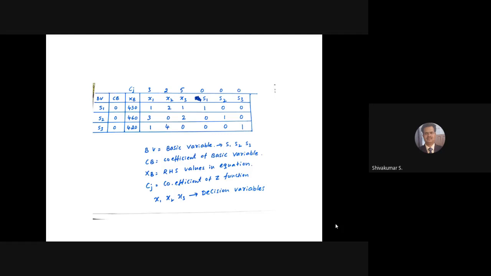Also write Cj above that, that is the coefficient of the cost function, nothing but that function: 3x1 plus 2x2 plus 5x3 plus 0s1 plus 0s2 plus 0s3. Write down all the values now, 3, 2, 5, 0, 0, 0 corresponding to x1, x2, x3, s1, s2, s3.